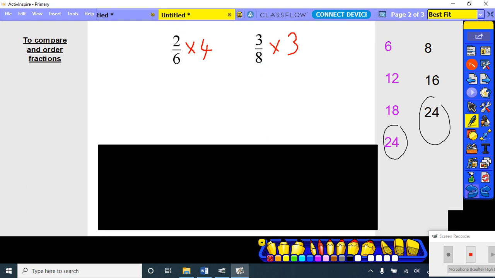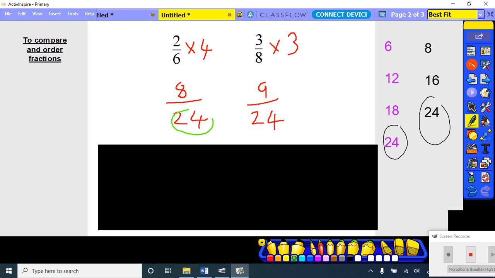Once we've multiplied our first fraction by 4, we will have a new fraction of 8/24. Once we've multiplied our second fraction by 3, we will have 9/24.